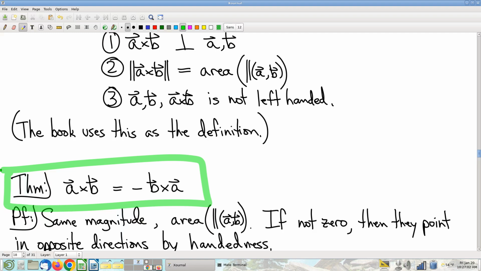You're allowed to move factors around in a term, and you're allowed to move terms to the other side of the equation with a minus. We just get used to certain things, and you have to remind yourself that when you're talking about a cross product, you've got to unlearn this commutativity, because it does not work for cross product. You have to put in a minus sign if you switch the order.